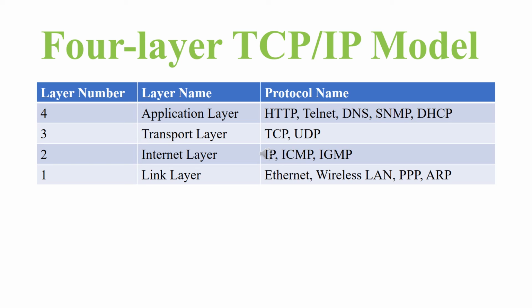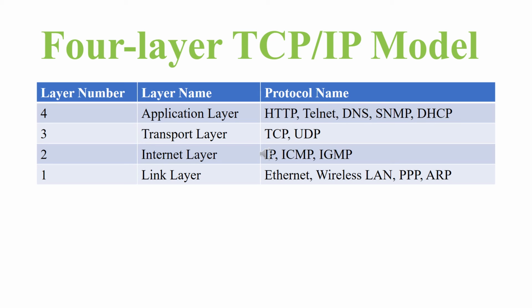That means the device is capable of a Wi-Fi connection. Then we have PPP, the point-to-point protocol, which connects pairs of hosts. Then we have ARP, the address resolution protocol, which is responsible for resolving network layer addresses. And we will learn all of these protocols in great detail in the following videos.